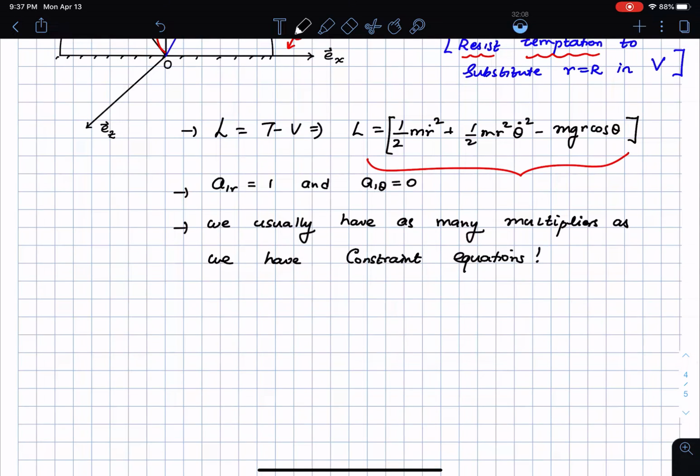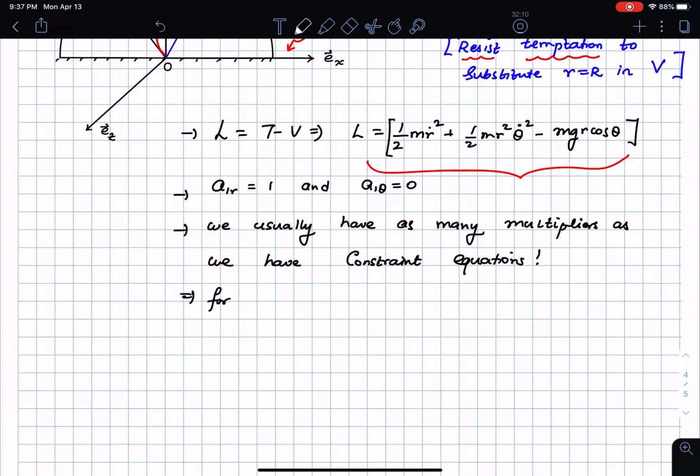Which means that for our problem, we will have only one multiplier. And you obviously know that this is going to be the normal force. Okay, now don't forget that there is a friction here, kinetic friction, because we say that the surface of this fixed semi-cylindrical object is a fixed surface.